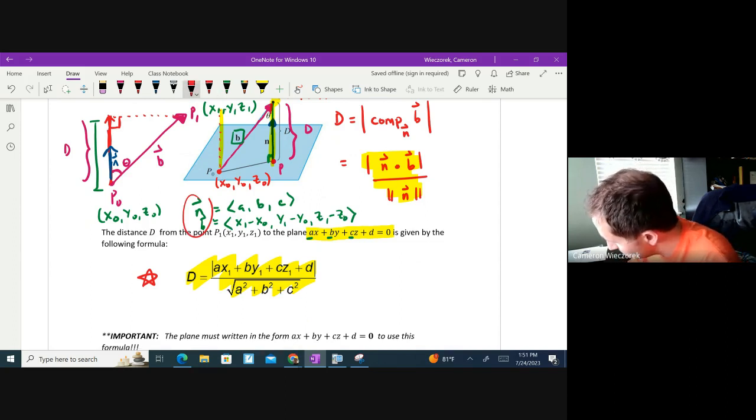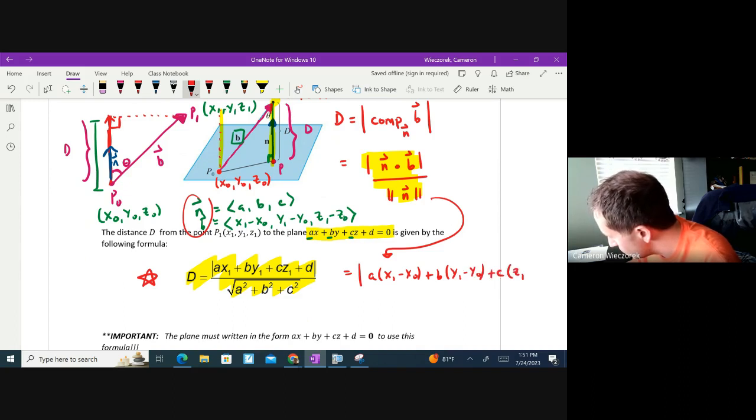So I get the absolute value of A times x1 minus x naught plus B times y1 minus y naught plus C times z1 minus z naught, over the magnitude of n, which would be the square root of a squared plus b squared plus c squared.